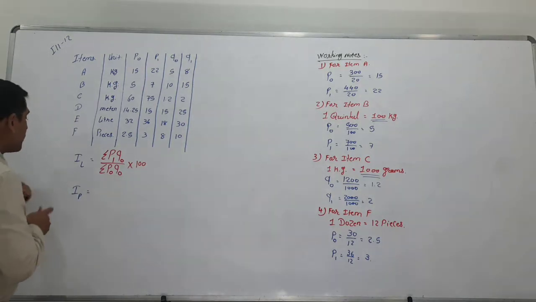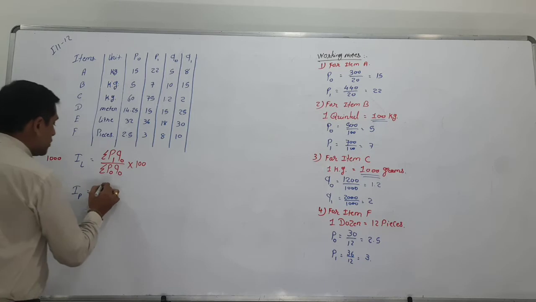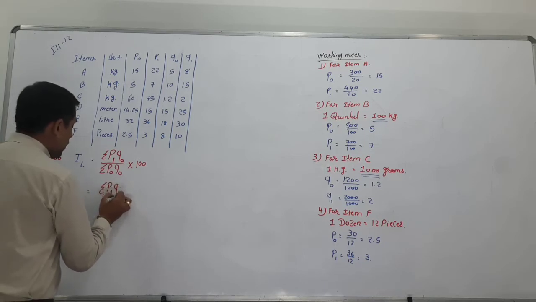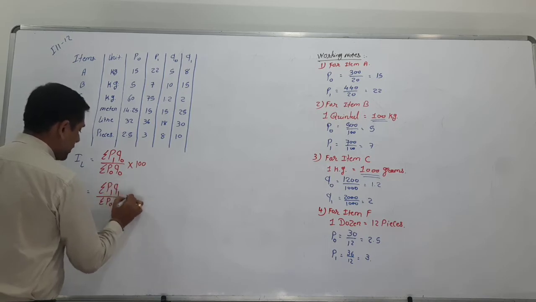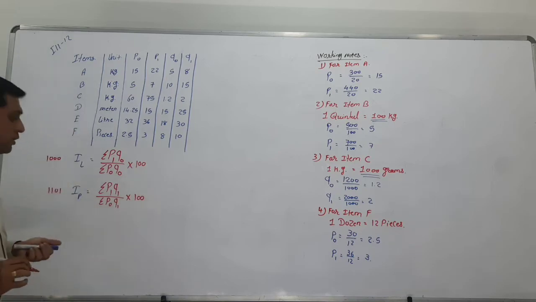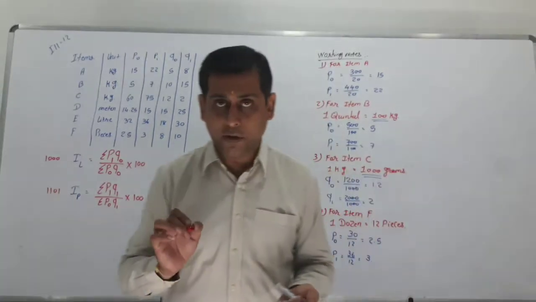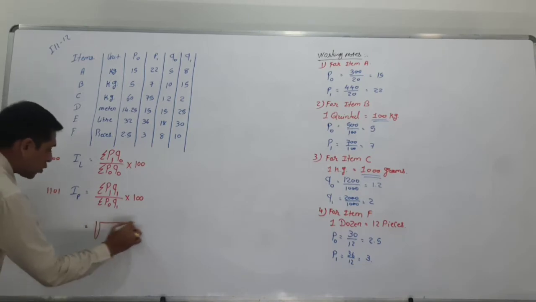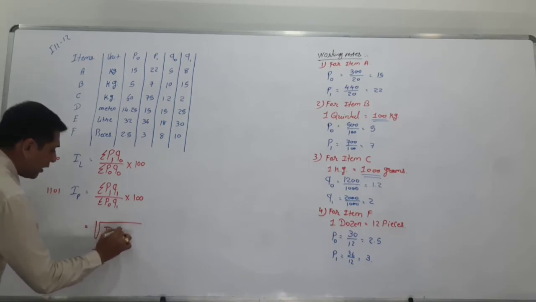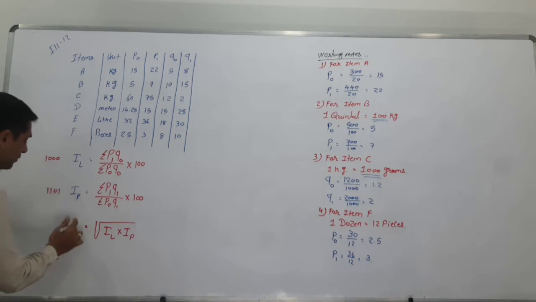That is, sigma P1 Q1 upon sigma P0 Q1 into 100. This is the formula for IP. And for Fisher's, if IL and IP are there, then the simple formula for IF is square root of IL into IP.